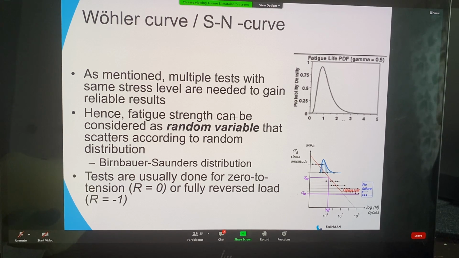If you take five pieces of tension rods and you break them with a tension until breakage, you will probably get some scatter in the results. And that's quite normal, but the scattering is nowhere nearly to the same extent as with the fatigue results. Because in the fatigue results, it could be that a certain component lasts for 100,000 cycles, another component lasts for 1 million cycles. So the variation is much bigger.